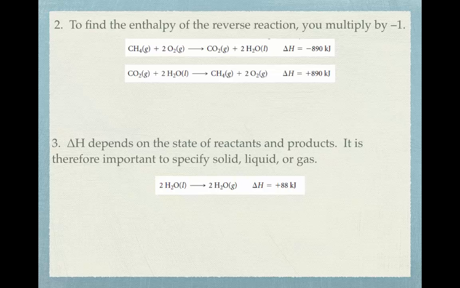So if you're producing H2O, like you see up above as a liquid, the change in enthalpy is -890. However, if you are converting it into a gas instead, it only releases -802 kilojoules. So the state of matter, and noting the state of matter, is extremely important because it does change the enthalpy.